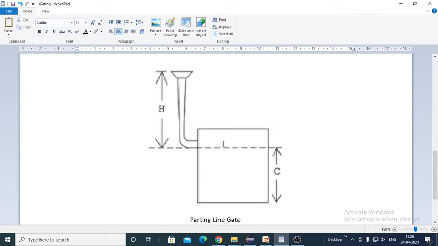So in this, whenever we pour the molten metal into the cavity, the cavity below the parting line or parting surface will be filled by assuming top gating, and the cavity above the parting line will be filled by assuming bottom gating.